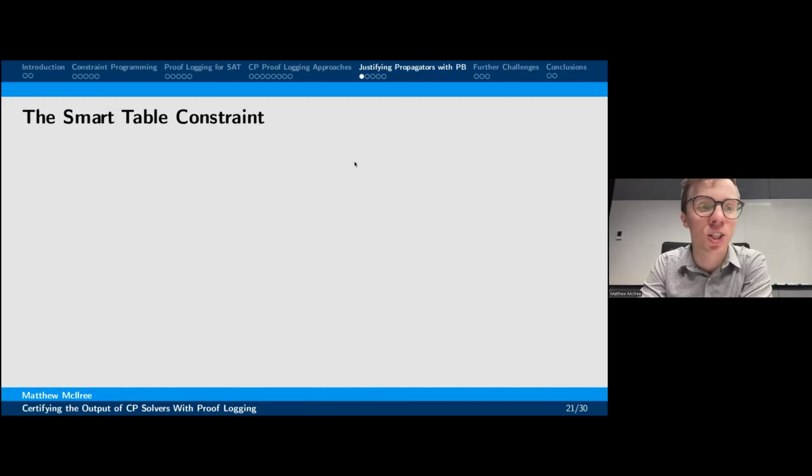Then the natural question arises, well, okay, this was fine for linear constraints, and this was fine for all different, and this was fine for the things that appeared in that original auditable constraint programming conference paper. But there are a lot of CP constraints out there. And is it the case that some of them might show up that are fundamentally hard for cutting planes somehow, or even if not hard on a theoretical level, at least annoying to implement in any feasible way?